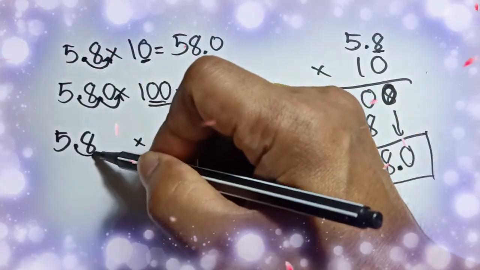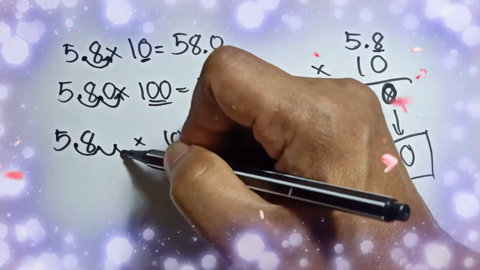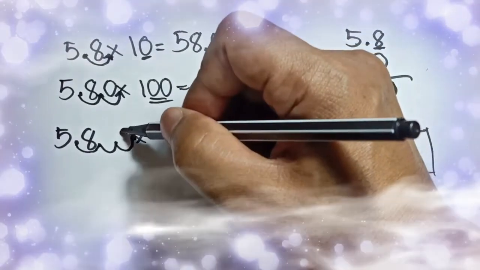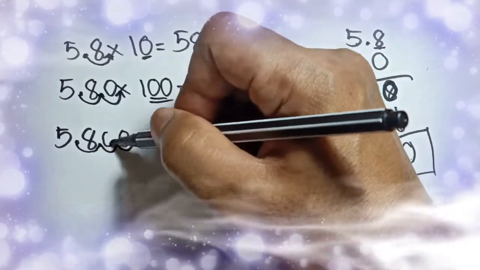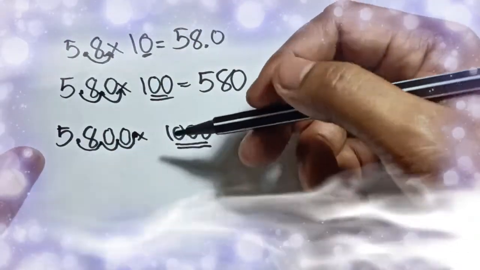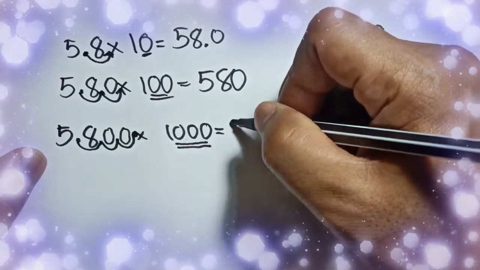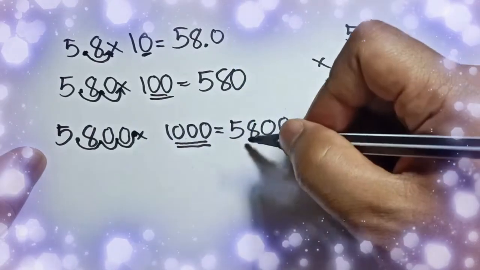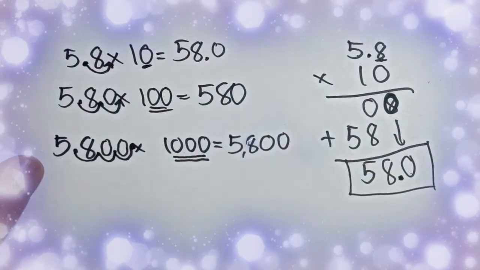This is the first time, 1, 2, and then 3, so the decimal point will be moved here. Then you just add 1 zero in there, and then 1 zero in there. So the answer when you multiply 5.8 by 1000 is 5800.